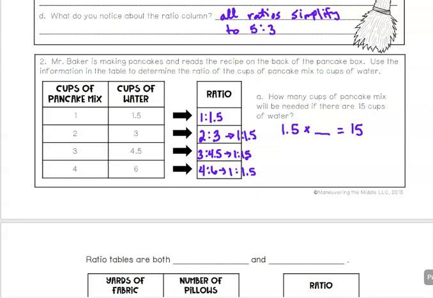Well, I just need to move the decimal, so really that's multiplying it by 10. And I could continue my chart if I had to. But if I do it by 10, then I would also take the number of cups of pancake mix and multiply it by 10. And that'll give me that I need 10 cups of pancake mix.